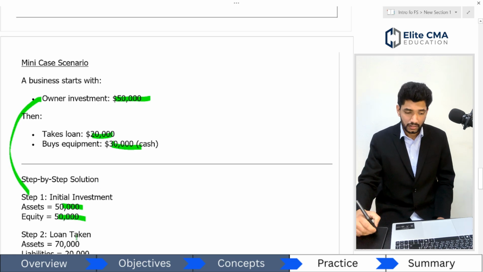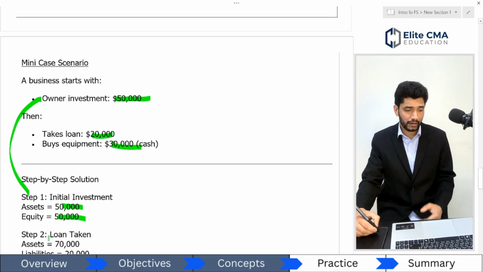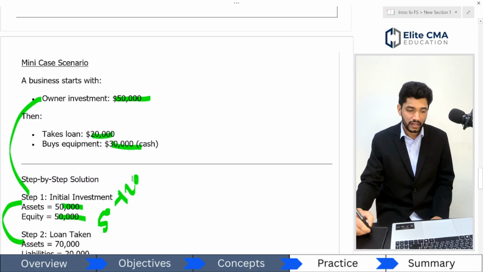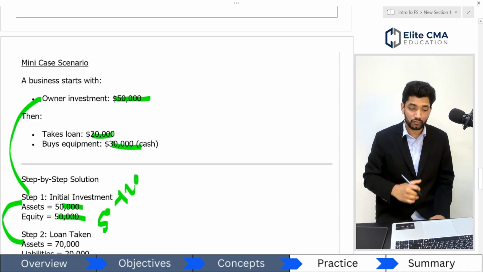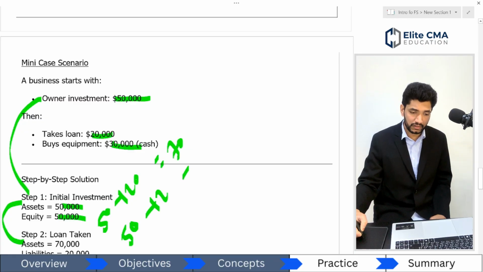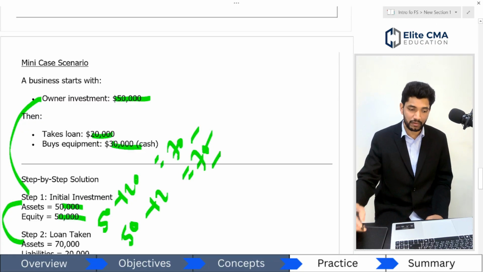If you take 20,000 loan, asset will increase to 70,000, that means 50,000 plus 20,000, and the total liabilities will also increase by 20,000. That means the liability and equity side will be 50 plus 20, that means also 70. Both will remain 70.